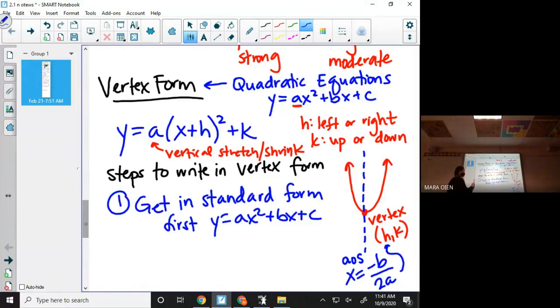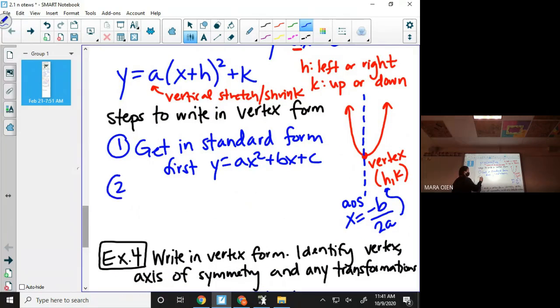Because if it's in standard form, then I can find my axis of symmetry, and I can find the middle of my x value, the middle of my parabola.